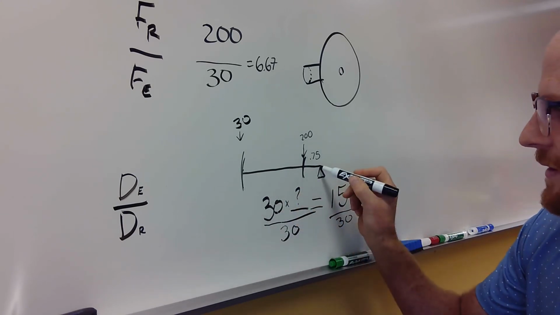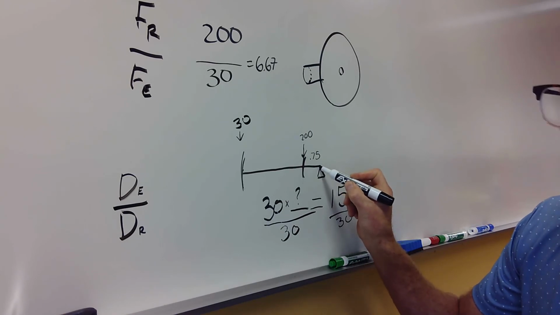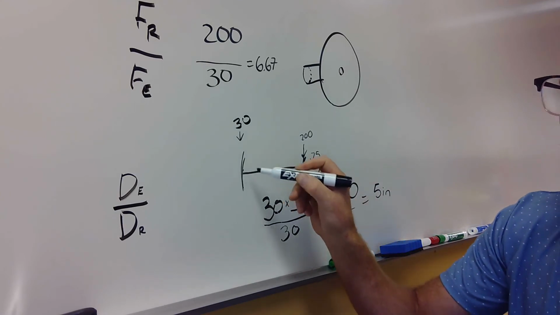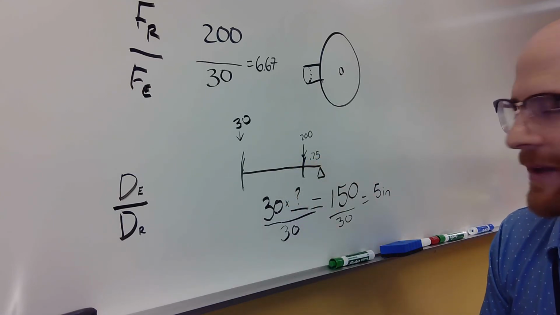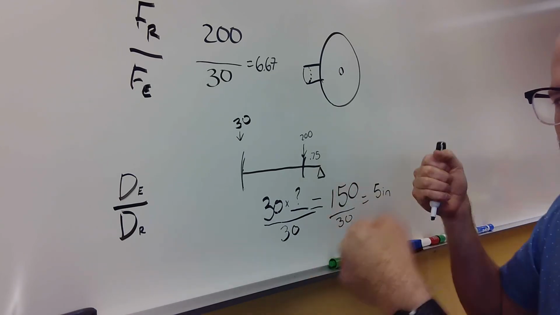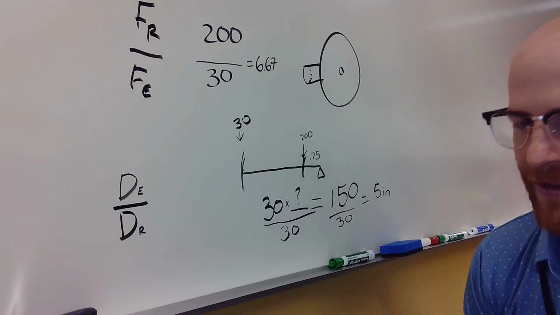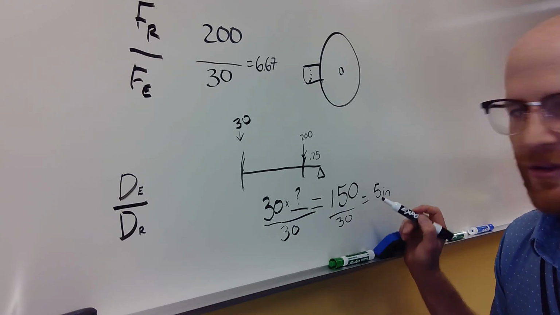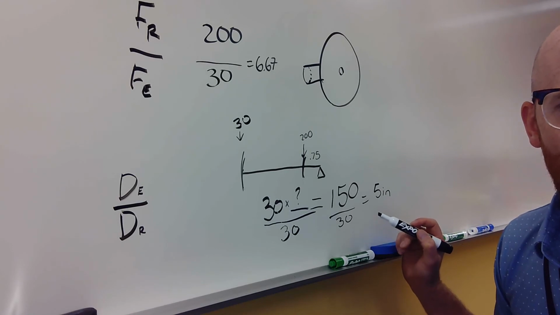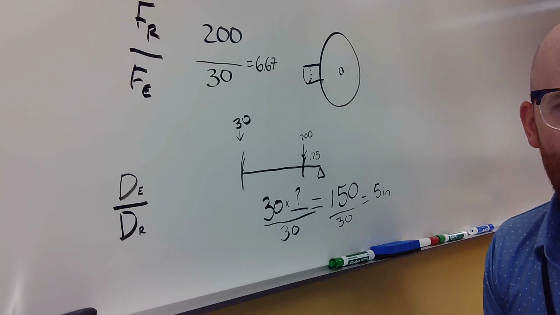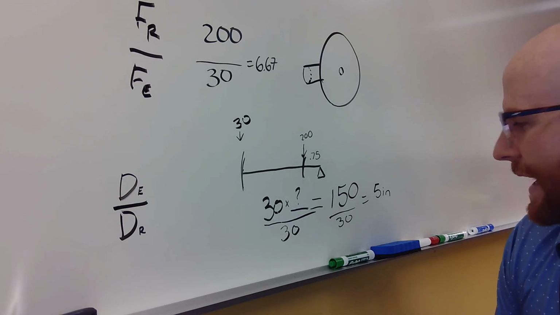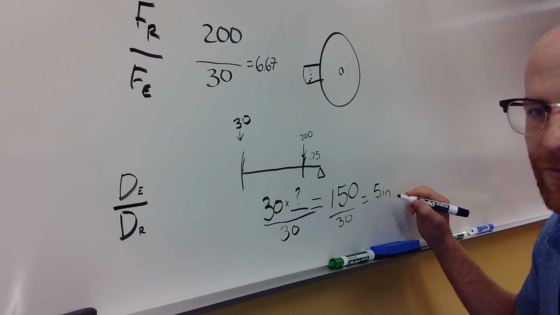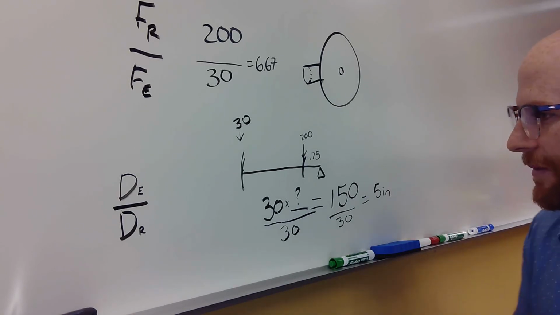So the radius, the distance from the center of the wheel to the edge where my force is applied, is 5 inches. It has to be at least that distance for 30 pounds of force to start to move it. The question asks for the required wheel diameter, so since this is the radius, the diameter is 10 inches.